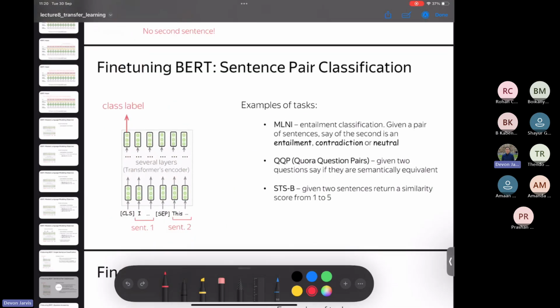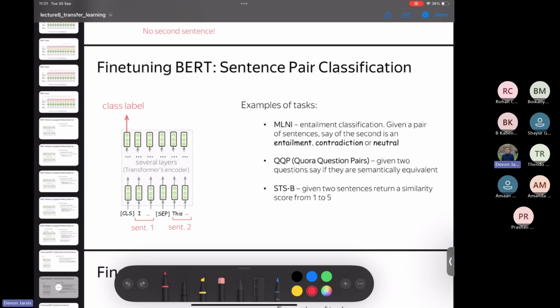In a similar vein, this means you can still use the fact that there is the separator token. So now we can do tasks that require two different types of sentences. For example, you can do entailment classification. So given a pair of sentences, say whether the second is an entailment, a contradiction, or neutral. So you can start doing things that are a little bit more logical. So it was pre-trained to say whether or not the sentences following each other make sense. Now it's trained to say whether or not two sentences that don't need to be sequential still logically follow from each other.